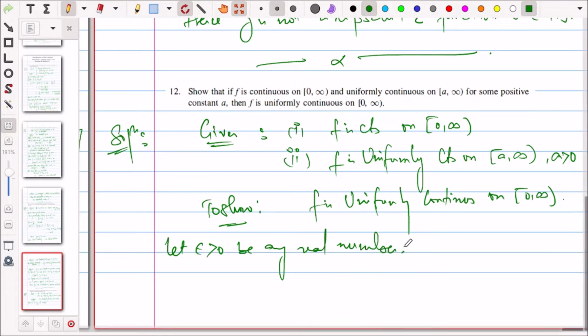Now what we will do is we will use this continuity fact to show that it is uniformly continuous on [0, a+1].